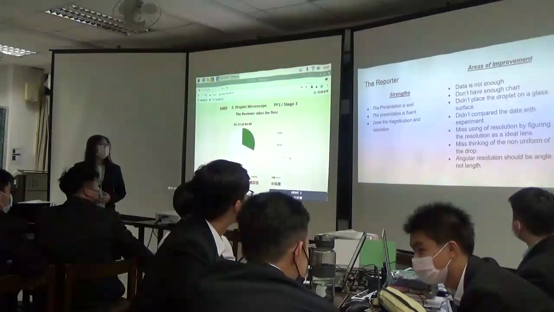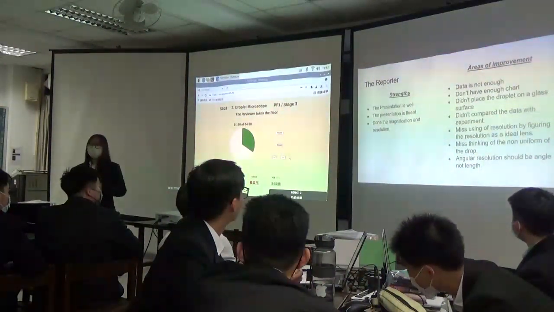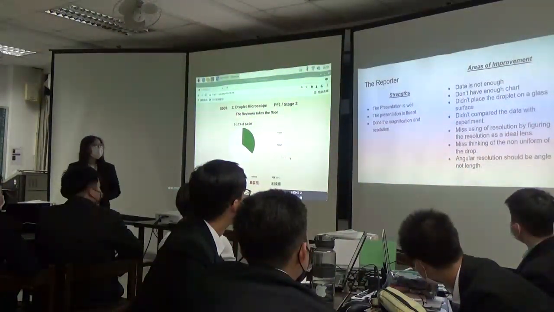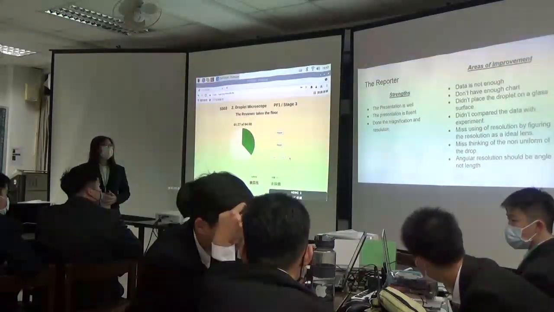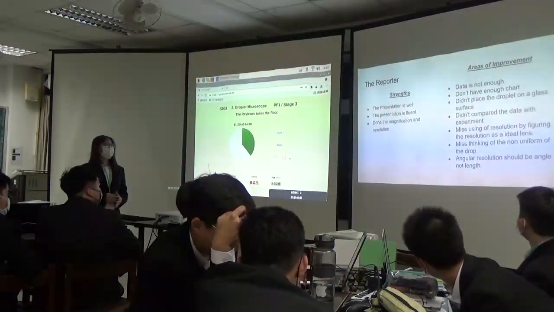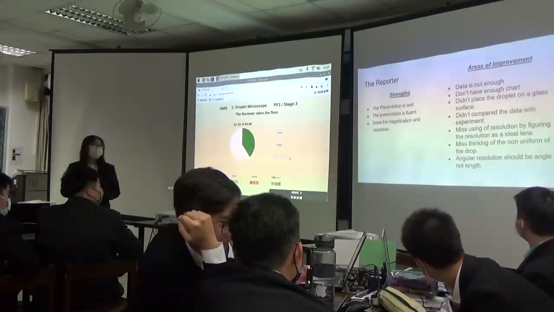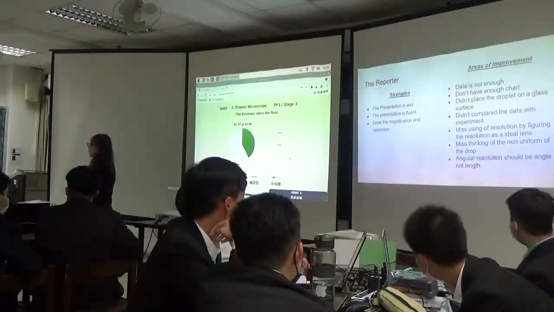Next, they did not compare the data with their theory. They just put it in the theory and said that it's the same. And they misused resolution by treating it as an ideal lens, and misjudged the non-uniformity of the drop. Also, the angular resolution should be an angle but not a lens.